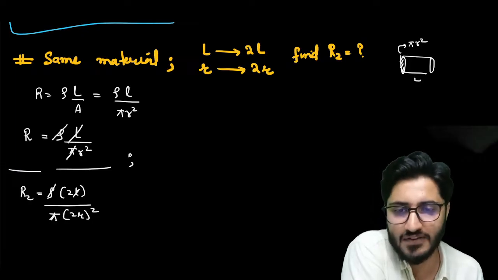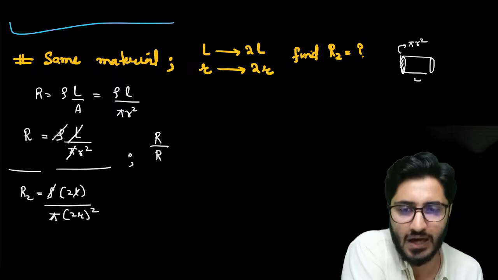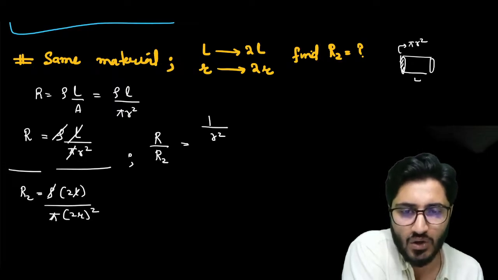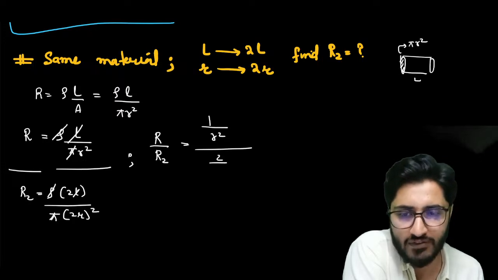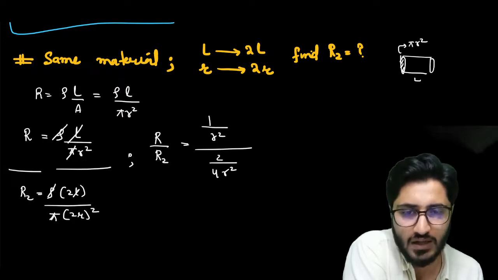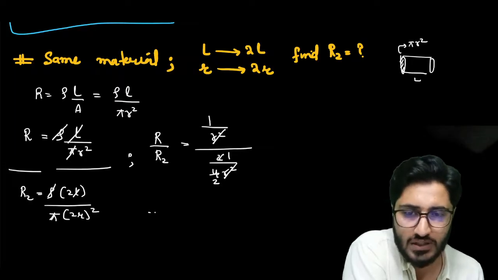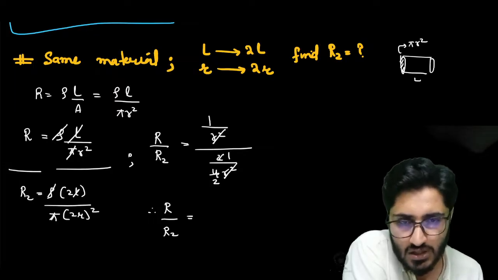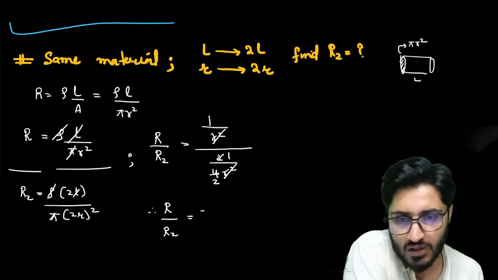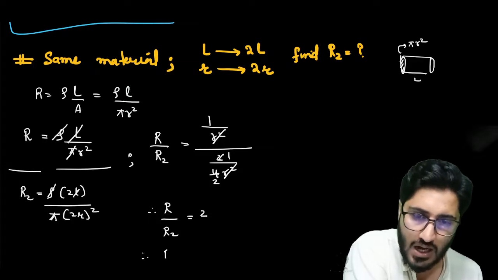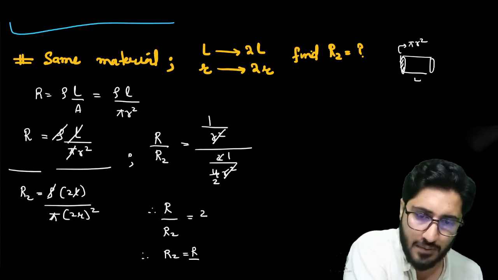So R divided by R2 is equal to 1 divided by R square, whole divided by 2 over 4R square. R square cancels out. 2 ones are 2, 2 twos are 4. So R divided by R2 is 2. Therefore, R2 is equal to R by 2.